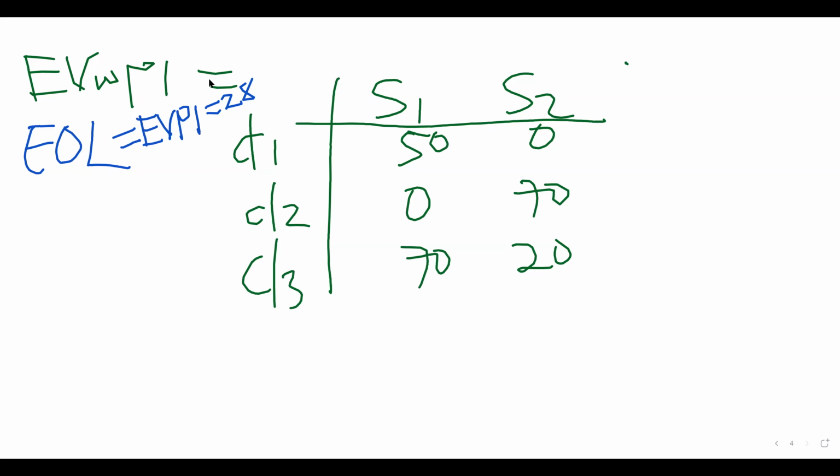So what is the formula for that? Again, you use the expected opportunity loss approach for deciding. We call it EOL. So let me write it there. The EOL, the expected opportunity loss for any decision. How do you find that? It's very simple.